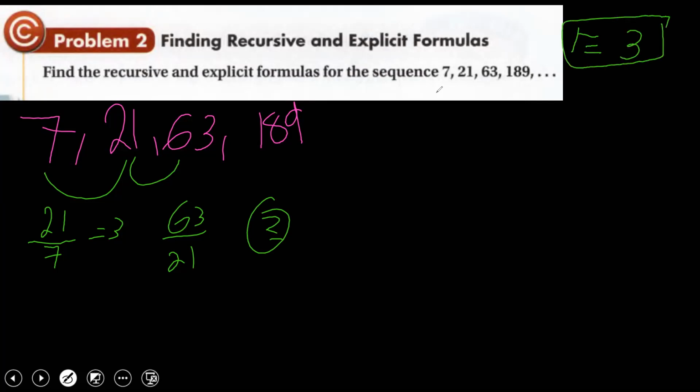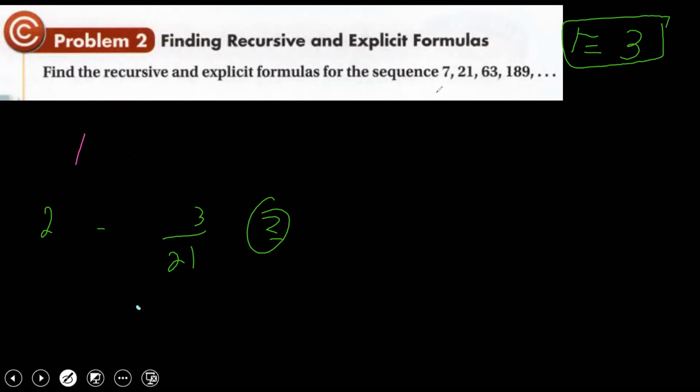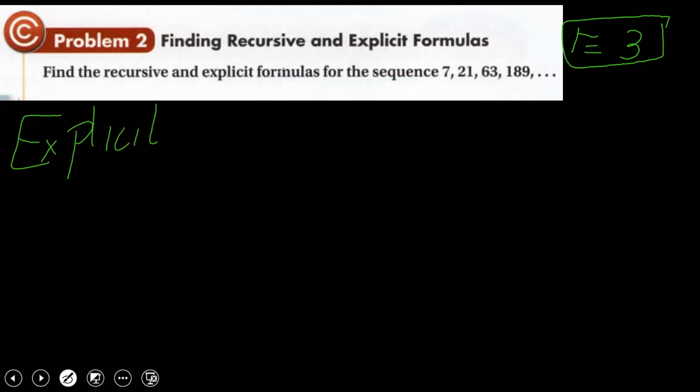Okay. Then after that, now I want to write the explicit and also the recursive.